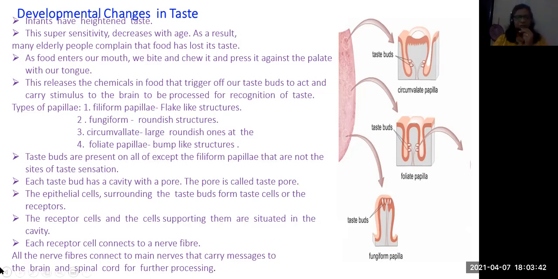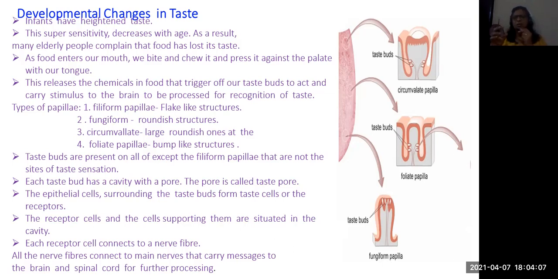Okay. So each receptor cell connects to a nerve fiber, and all the nerve fibers connect to main nerves that carry messages to the brain and the spinal cord for further processing. Once you get the taste and it enters the brain, the brain interprets the type of the taste.